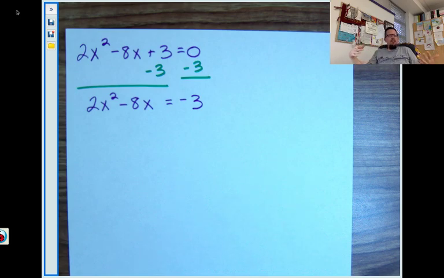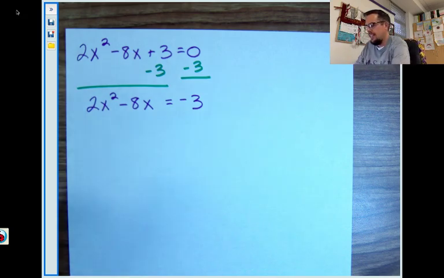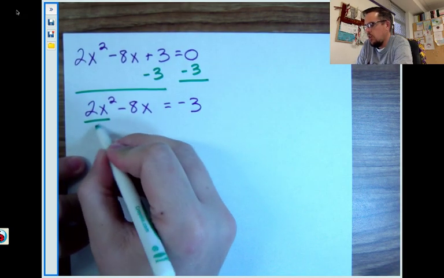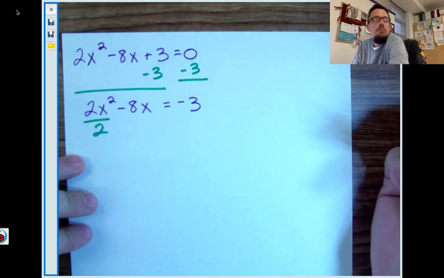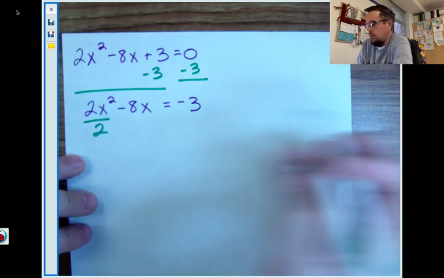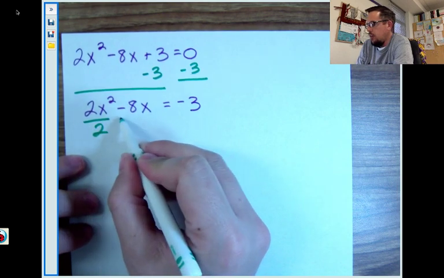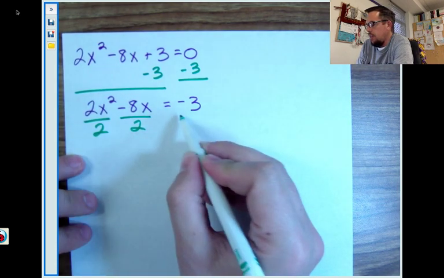Now I want to take care of the new weird thing, which is the 2 in front of the x squared. And the way I'm going to take care of that is dividing everything by 2. If I divide this by 2, problem solved. 2x squared divided by 2 is x squared. That seems good. If I divide this by 2, though, I got to divide everything by 2.